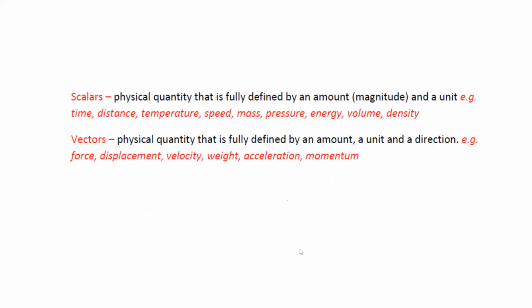So first thing, the quantity, or a physical quantity. A physical quantity means a quantity which we can measure. A physical quantity can be a scalar quantity or it can be a vector quantity.